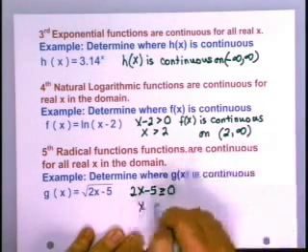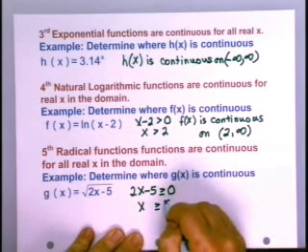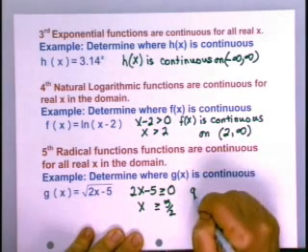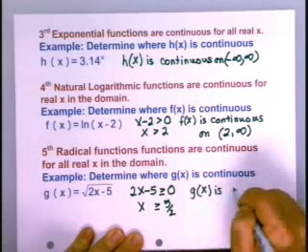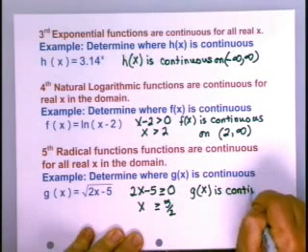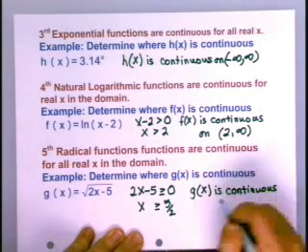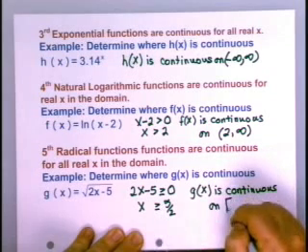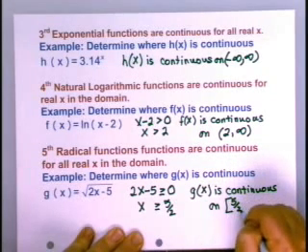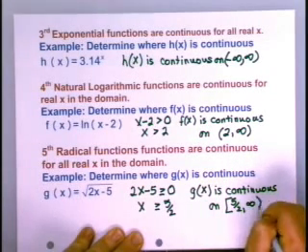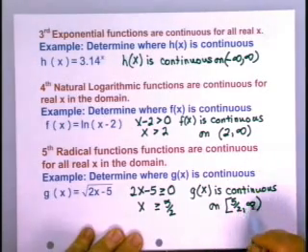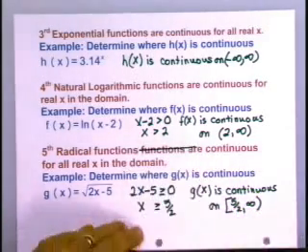So this forces x to be greater than or equal to 5/2. So g of x is continuous on the interval. Notice I'm using a bracket by the 5/2 because it's part of the interval. Brackets 5/2 to infinity.